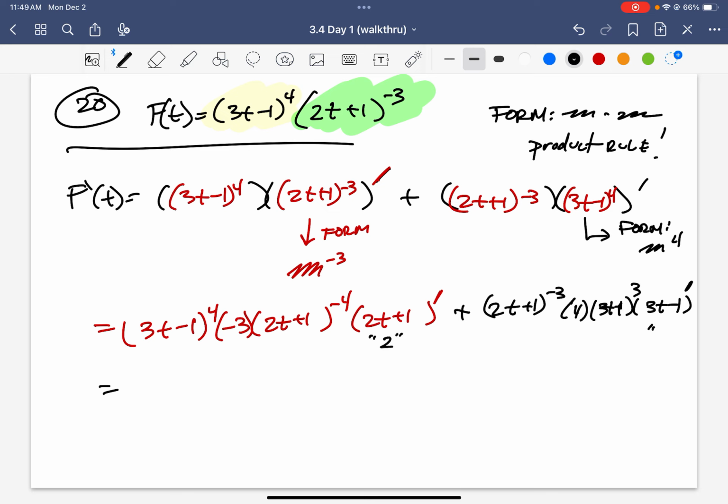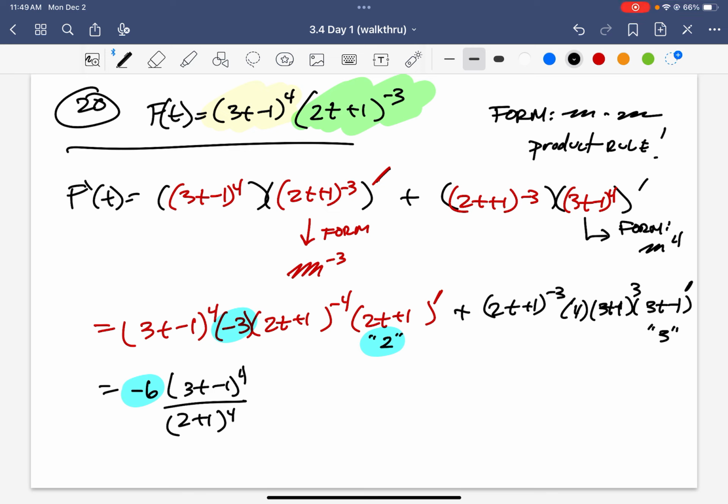The derivative of this thing is just 3. So let's see. This negative 3 times this 2 gives me negative 6 out front. So there's going to be a negative 6 with a 3t minus 1 to the fourth on top, and a 2t plus 1 to the fourth on bottom, right?